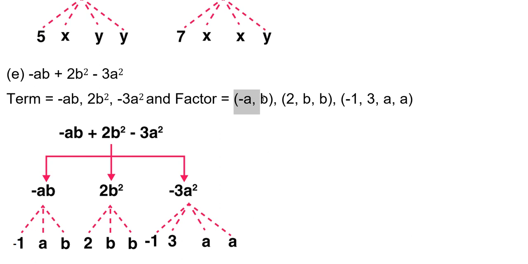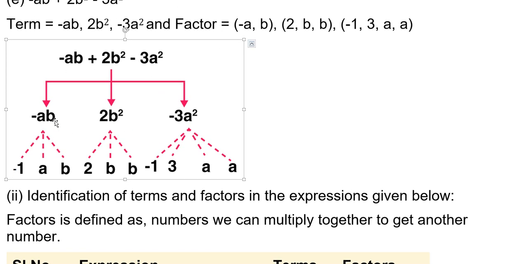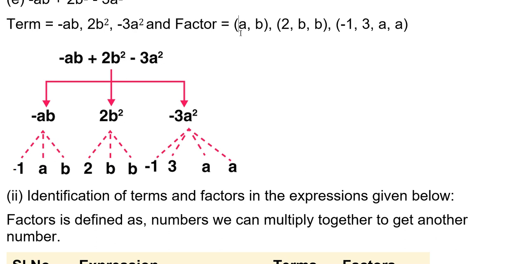Factors: minus 1, a, b, second one 2, b, b, third one minus 3, a, a. So minus ab is minus 1 into a, b. 2b square is 2, b, b. Minus 3a square is minus 3, a, a.